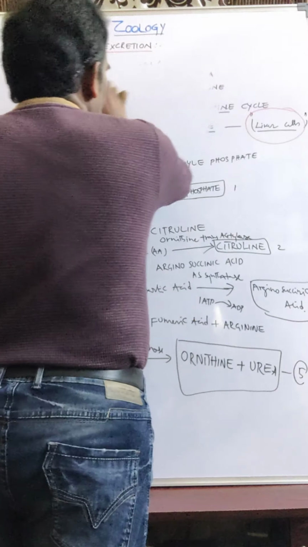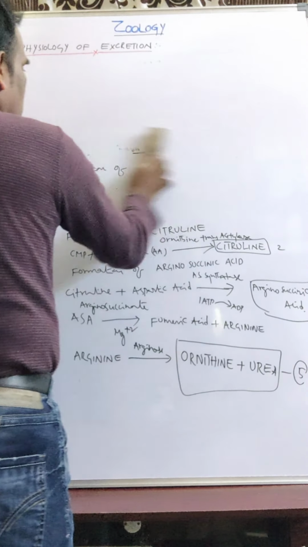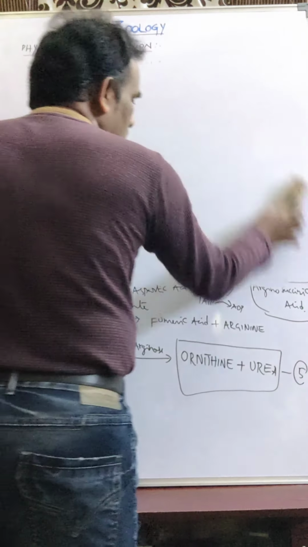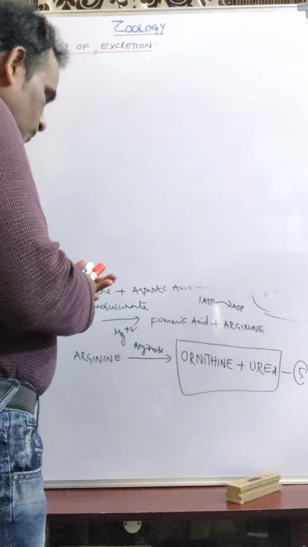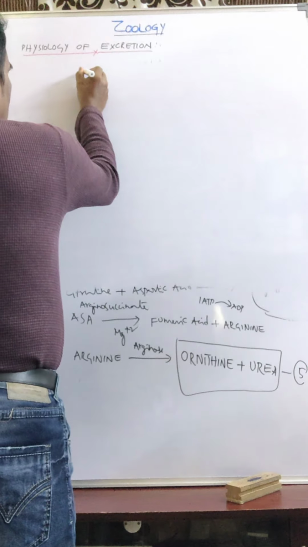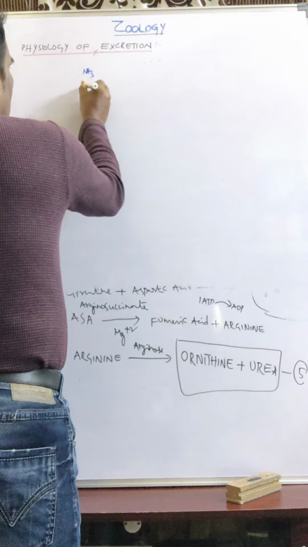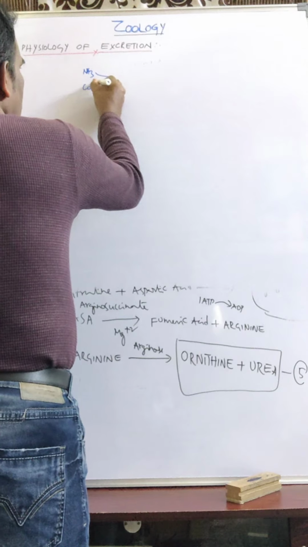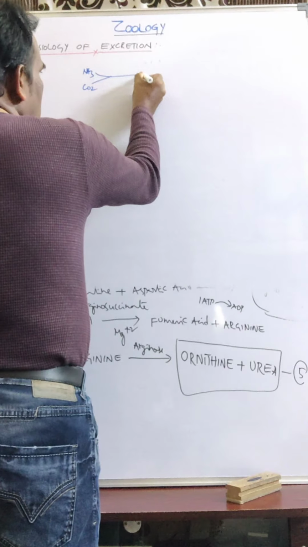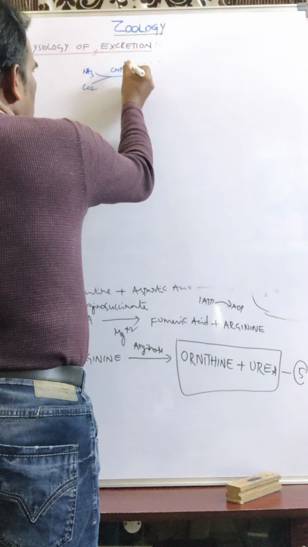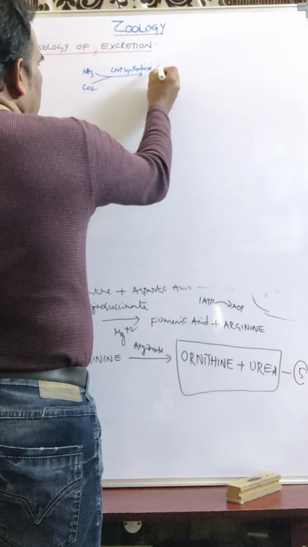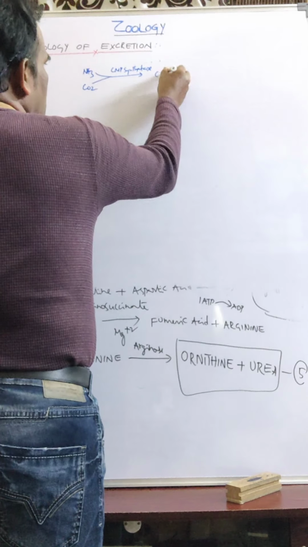Let's see the urea cycle, or ornithine-arginine cycle. Take the first step: ammonia combines with carbon dioxide in the presence of the enzyme carbamyl phosphate synthetase and forms carbamyl phosphate.